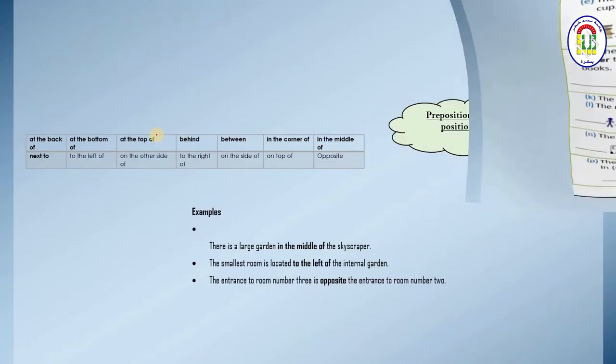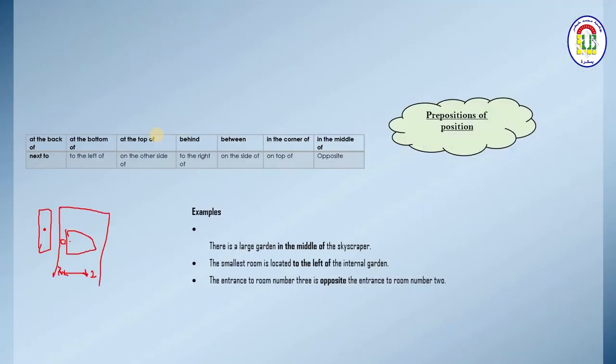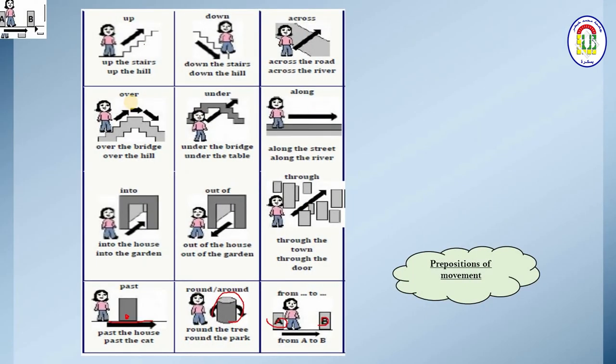We also talked about the prepositions of position, mainly the skyscraper and its garden. Also, we have seen the prepositions of movement with this small girl.